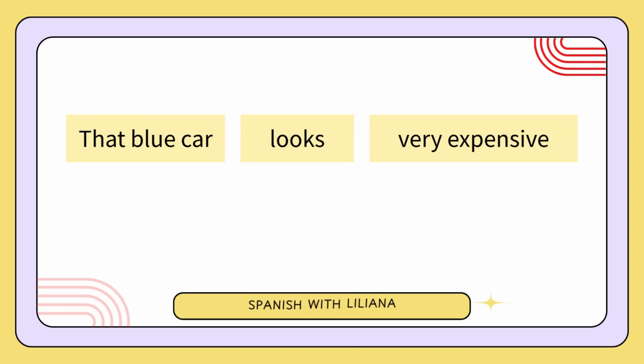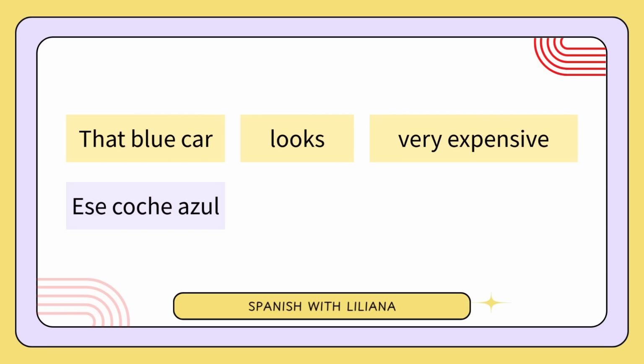All right, the next sentence is, that blue car looks very expensive. How would you say that in Spanish? Let's start with that blue car. In Spanish, it is ese, because car is a masculine noun. And then here, colors usually come after the noun.